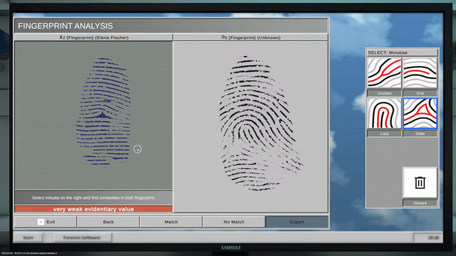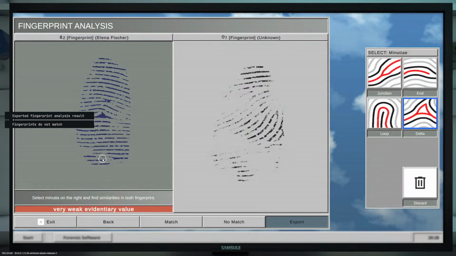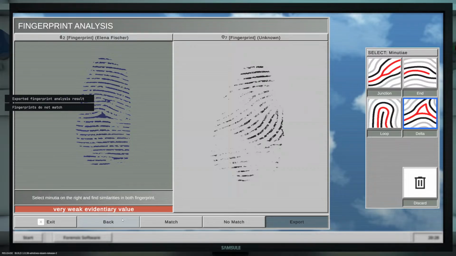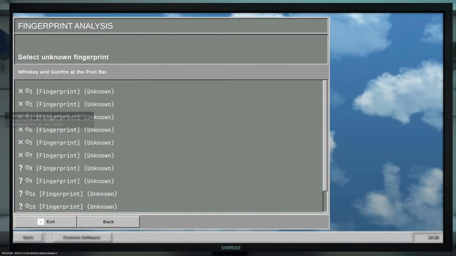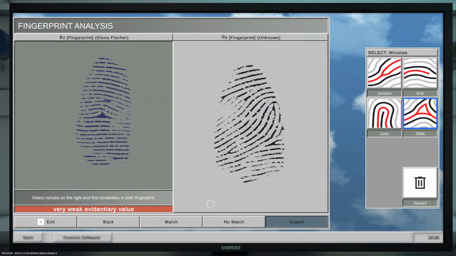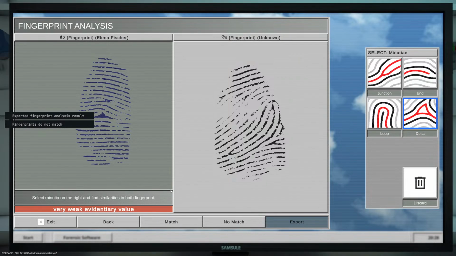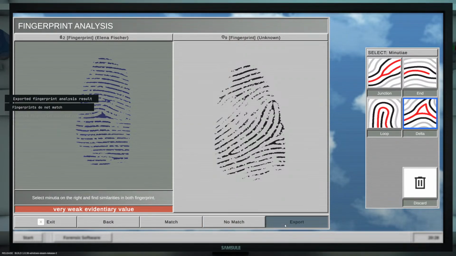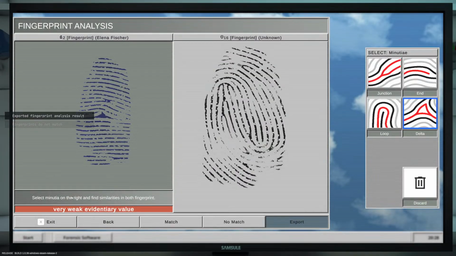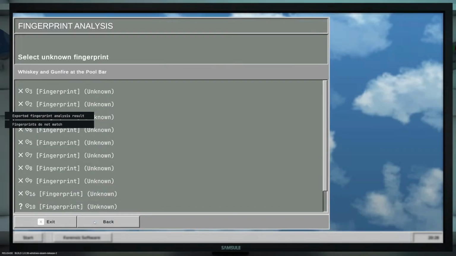It was pretty obvious because of this delta right here. Nope, no matches. No match.